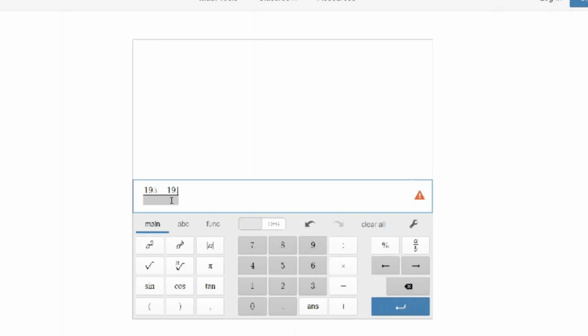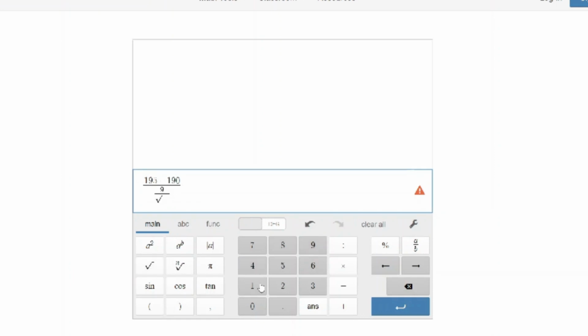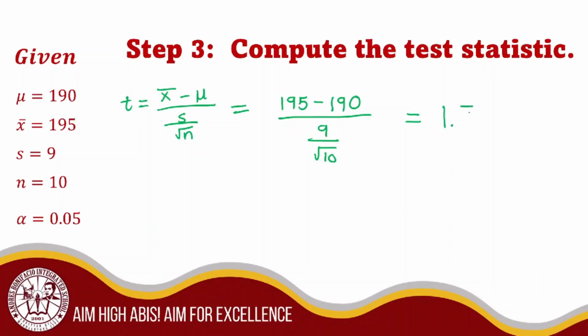195 minus 190 divided by 9 over the square root of 10. And the result is 1.76. Okay, so we have here t equals 1.76.